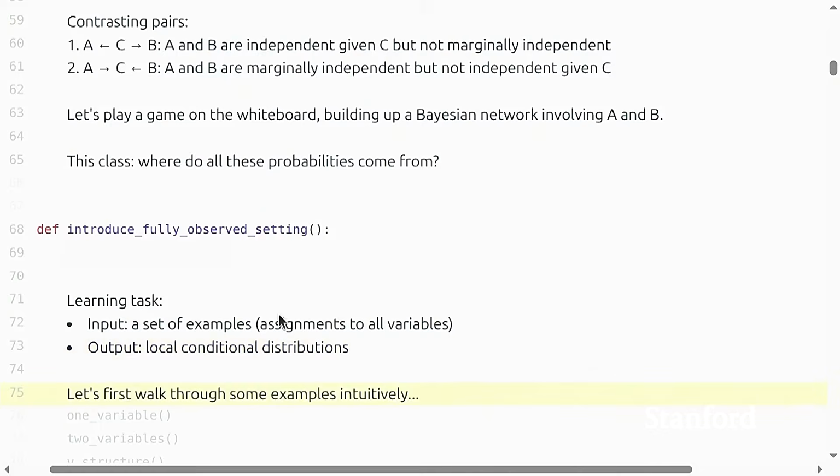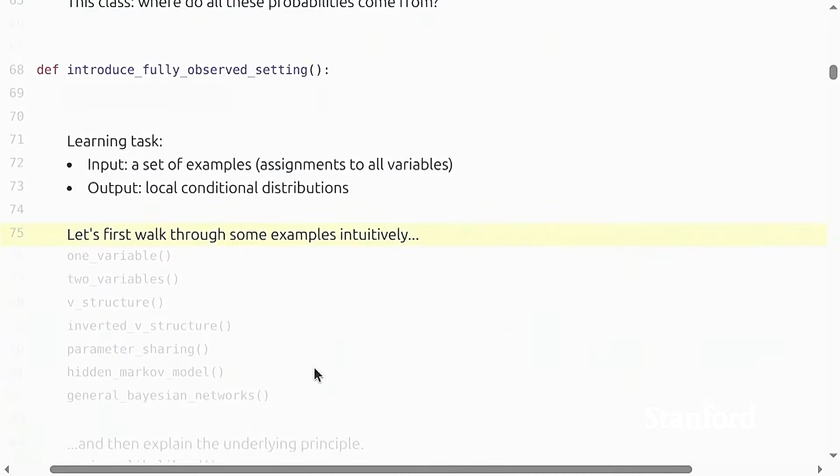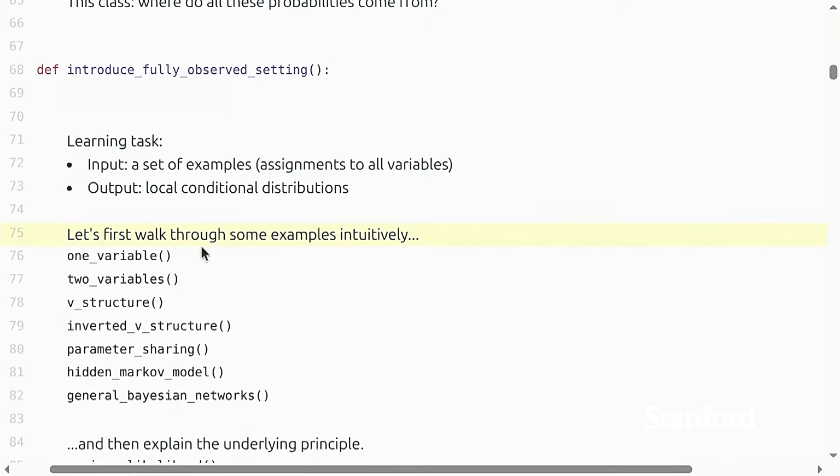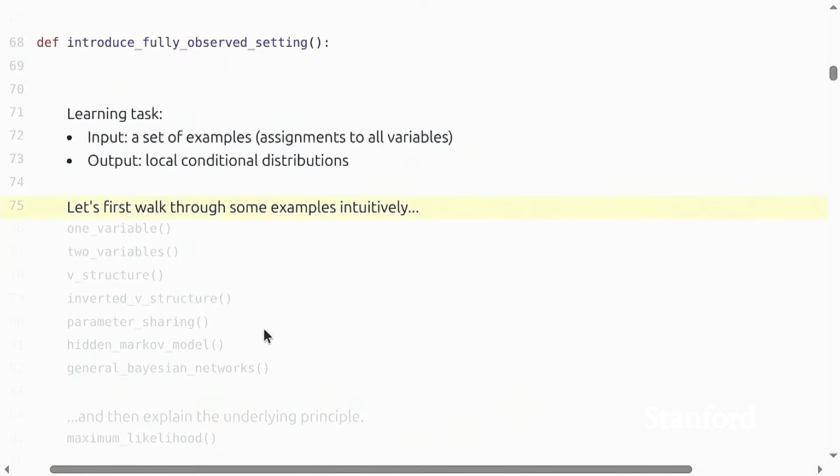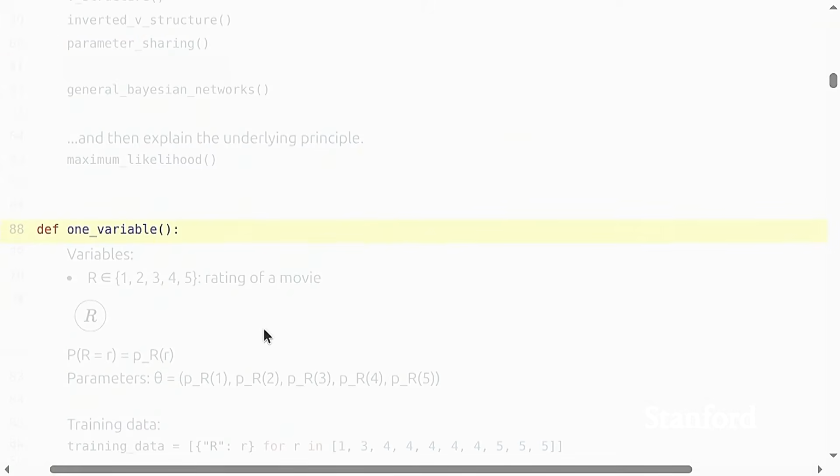So what I'm going to do here is walk through some examples. I'm just going to show you an algorithm to estimate the probabilities, and then I'm going to explain what the general principle is. All right, so let's start with the world's simplest Bayesian network.